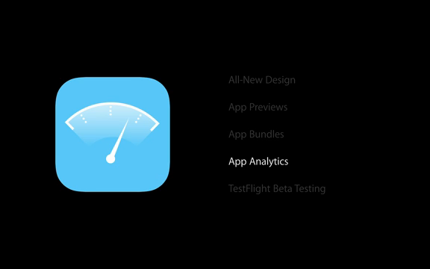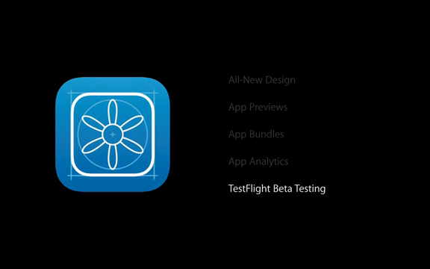App analytics. This is the best end-to-end view of your app with data that only Apple can provide. And TestFlight beta testing. If you haven't been beta testing your apps until now, you have no reason not to. Just like iOS 8 and OS X Yosemite, these features will be released later this fall.